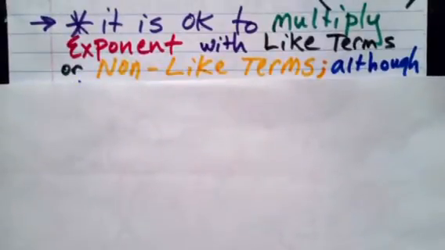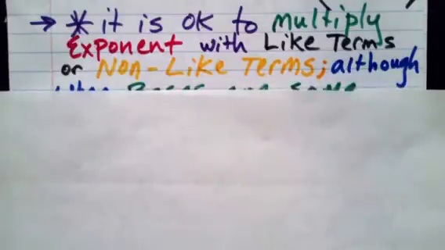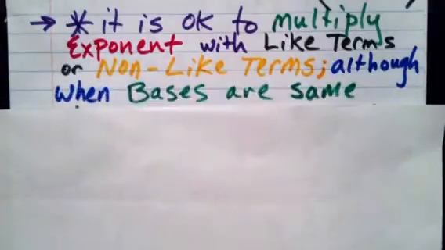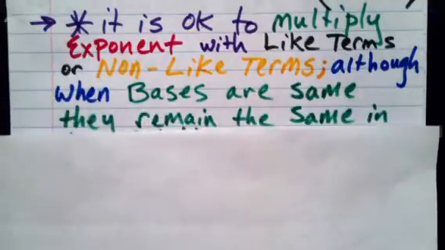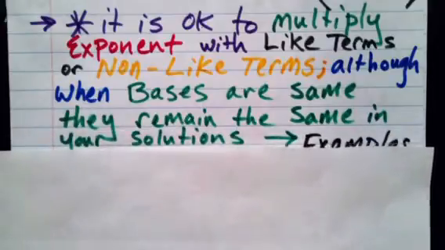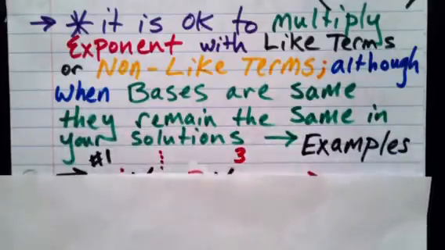When you multiply the terms, they can be like terms or they could be not like terms. It's a-okay. You can only add or subtract terms that are like terms. But when you multiply or divide, it's absolutely okay to multiply with terms that are not like terms, right? When the bases are the same, they remain the same in your solution or your answer. Let's look at some examples, right?